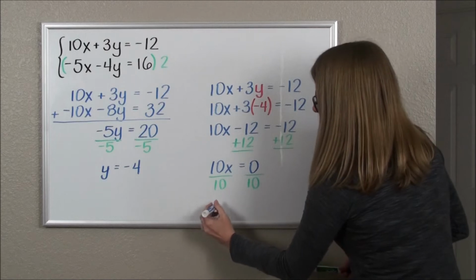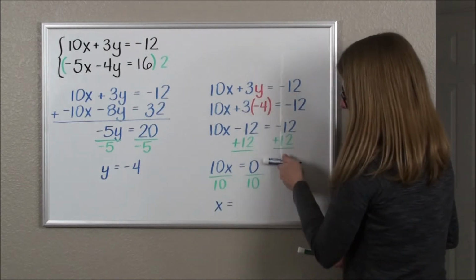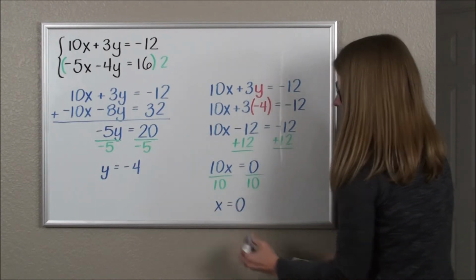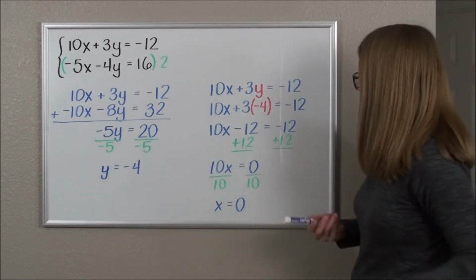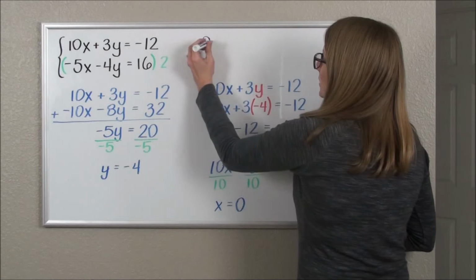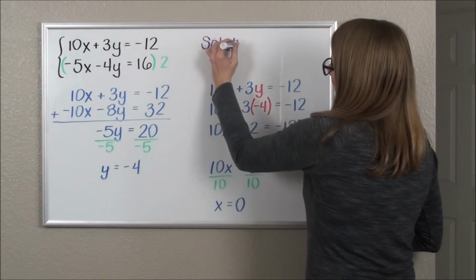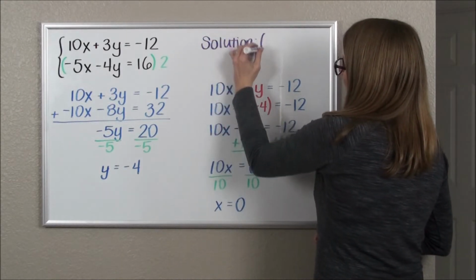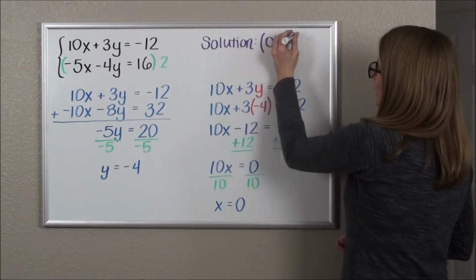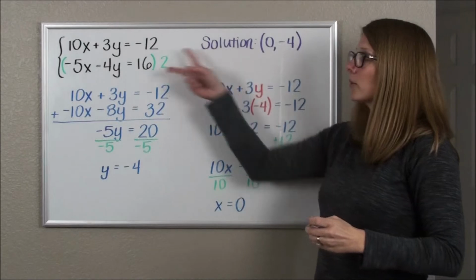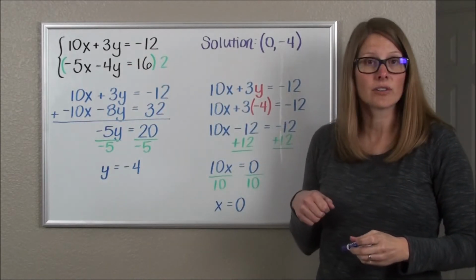And so we wind up with x equals 0 divided by 10, which is still just 0. And so again, I have my x and my y coordinates, so I can write my solution as an ordered pair x comma y, in this case 0, comma, -4. So again, this is the point where those two lines intersect in a graph.